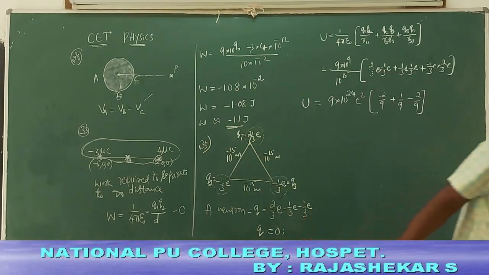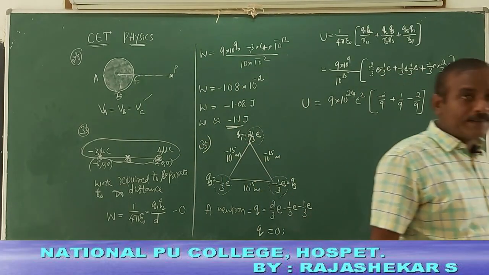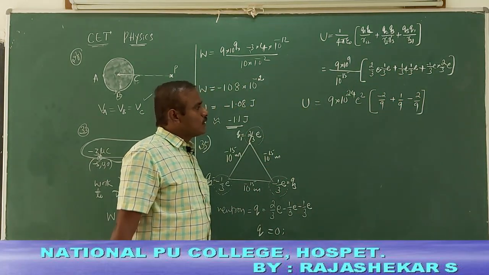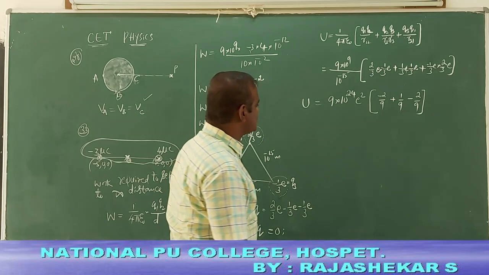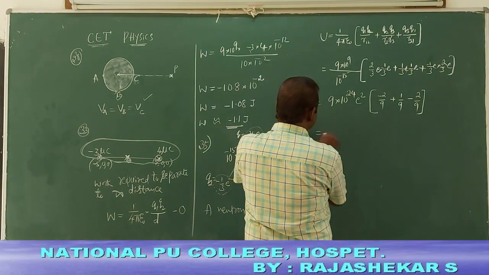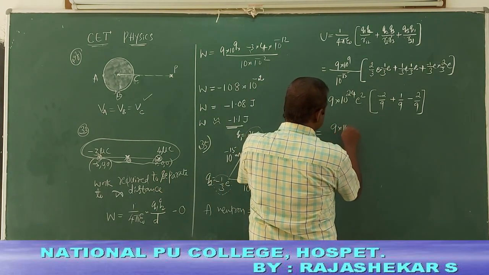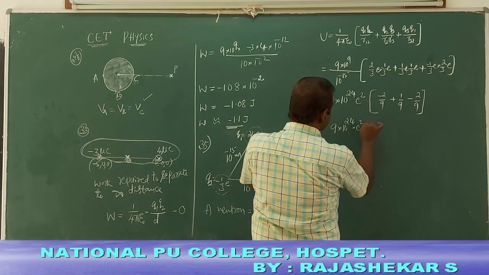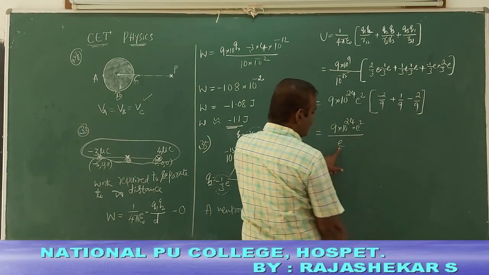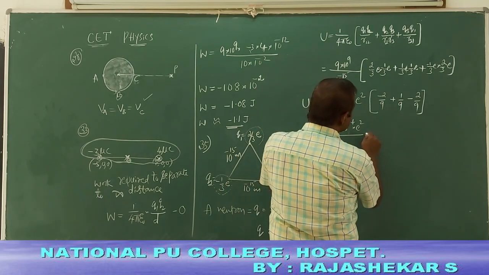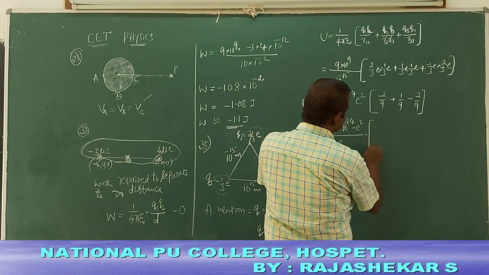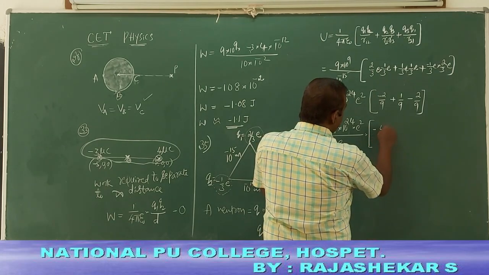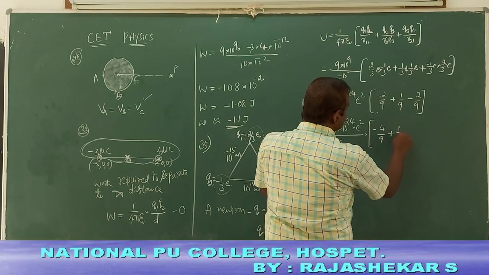Look at that, the answers are given in MeV, mega electron volt. So you have to divide by 1.6 into 10 power minus 19 to get in eV first. E is the value 1.6 into 10 power minus 19 into this is minus 4 by 9 plus 1 by 9.